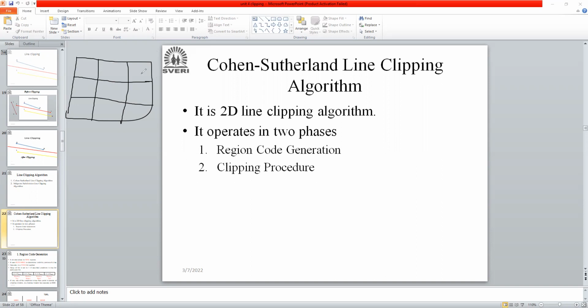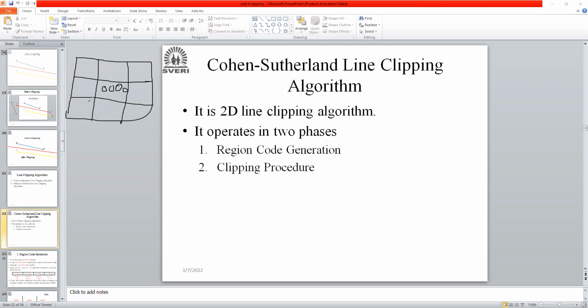In that, the middle portion is considered as the viewport where we are going to display the image. This middle portion is considered the viewport or visible portion. The remaining portion is not visible.